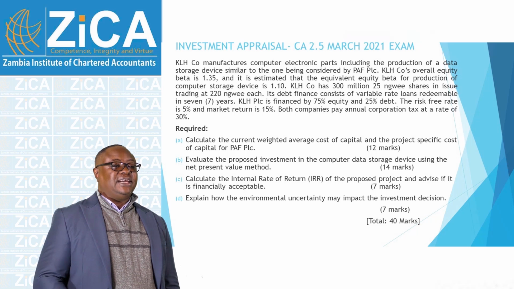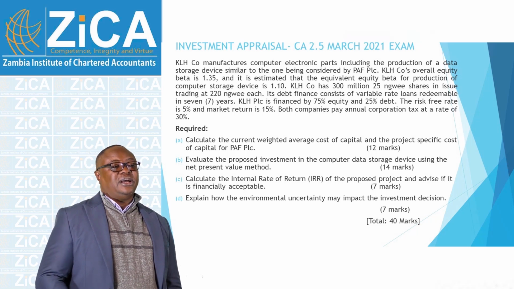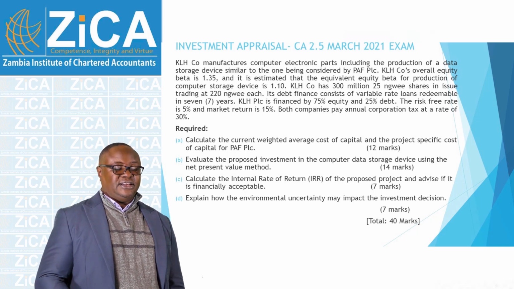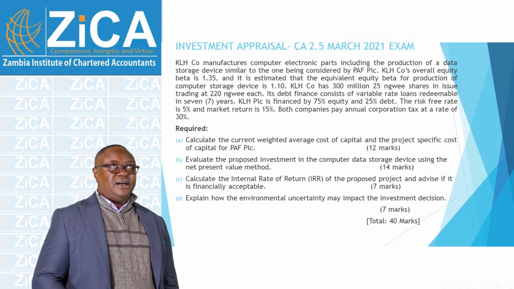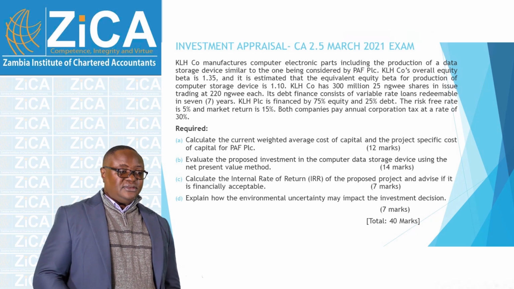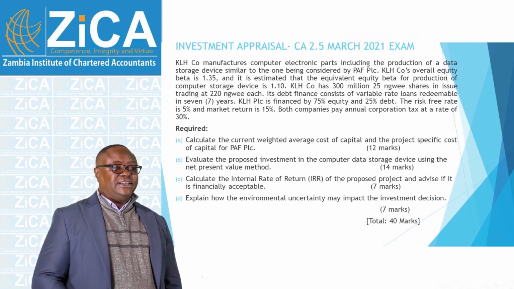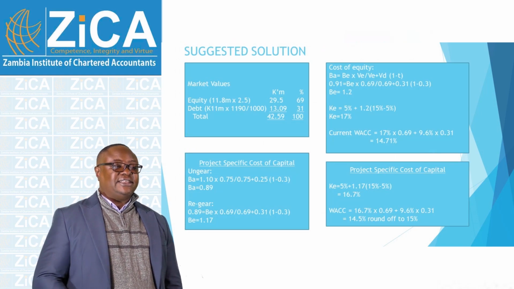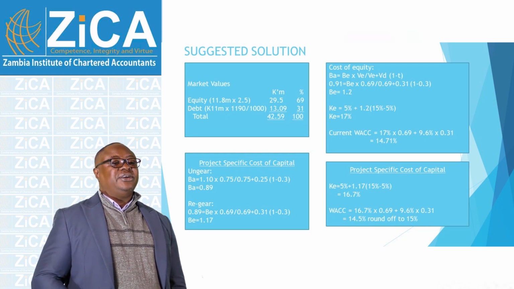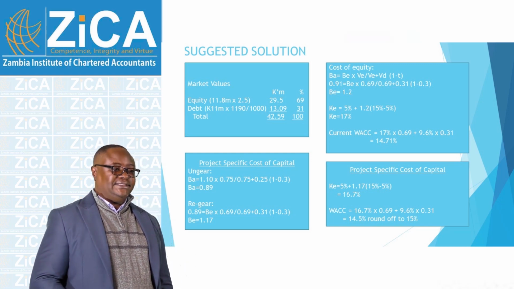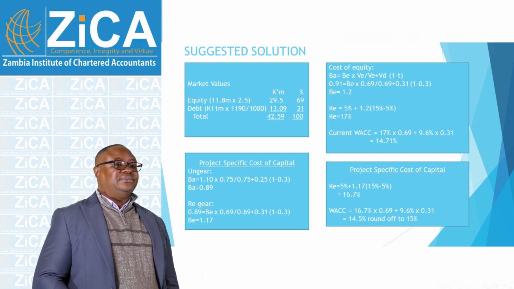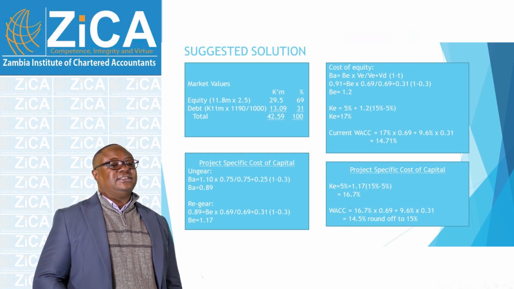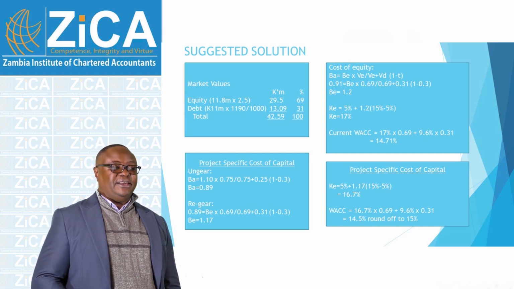I think I shared with you how you put this in the table of the net present value valuation. Then the issue to do with the relevant cash flow for working capital, like we had addressed earlier, you look at the initial, and if there is any incremental, you look at just the incremental part, and you may assume that at the end of the investment, this working capital will be realized.